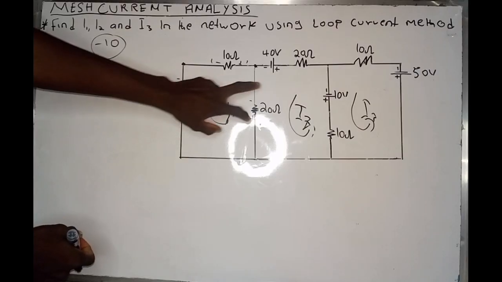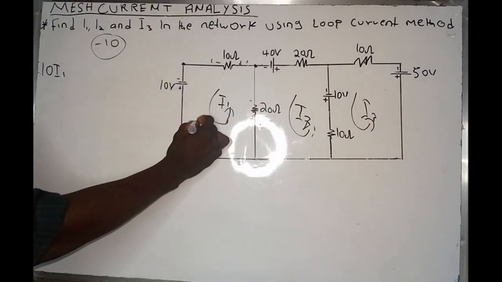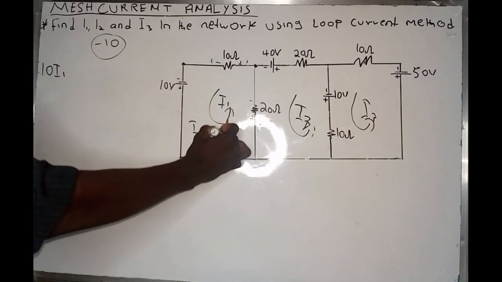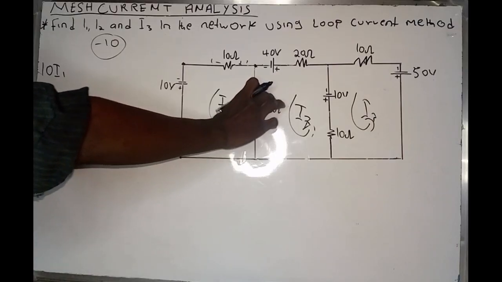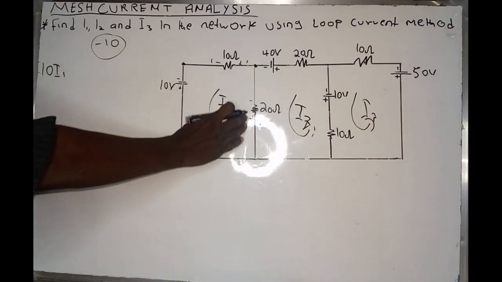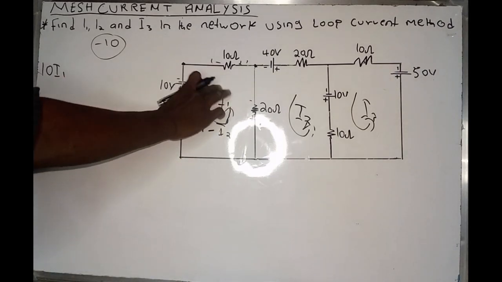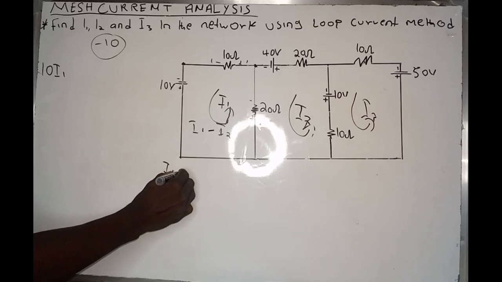This is my first loop, this is the second loop, and this is the third loop. Why should I say minus I2? Because the 20 ohm appears in the first loop and the second loop, and I'm calculating the first loop.